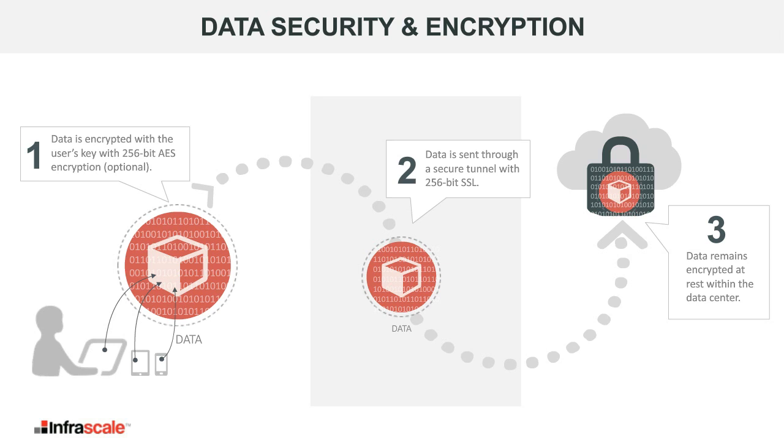So we definitely take security very seriously. In this slide, we're taking a look at our encryption system. So your data is going to be encrypted at 256-bit AES locally, and then sent over an SSL, and encrypted again at 256-bit AES at rest in the data center. And if you want to take it a step further, we have another option as well called UltraSafe Max. So we can definitely talk to you about that as well.